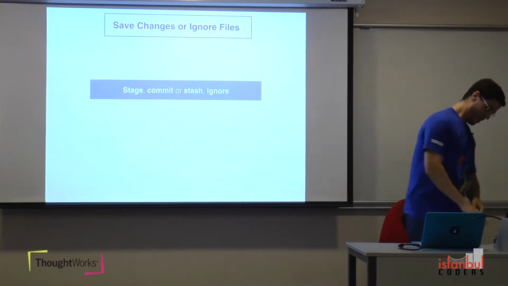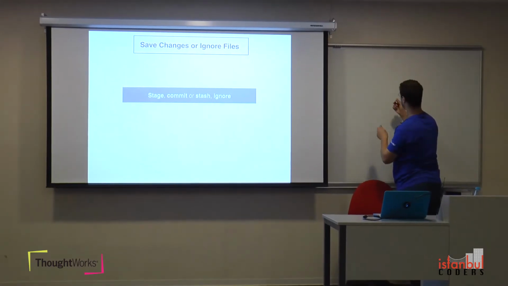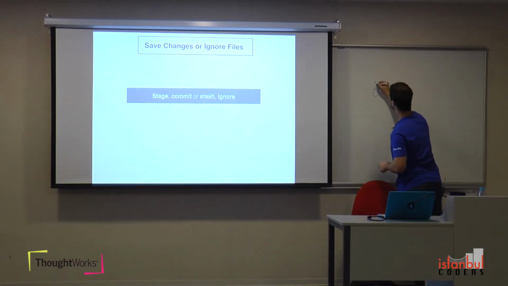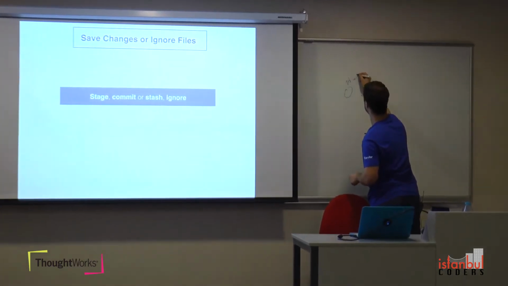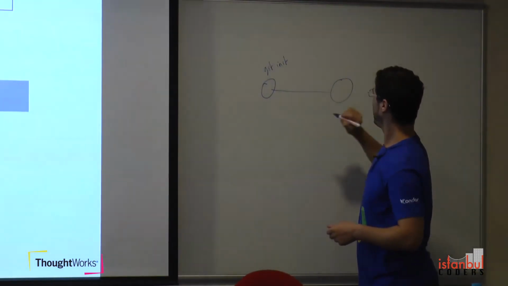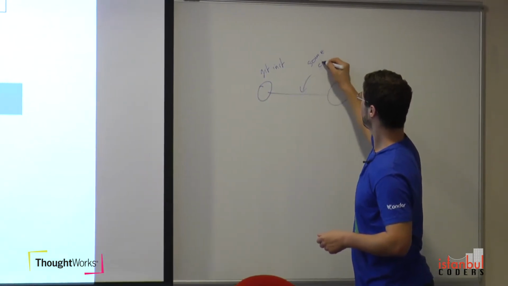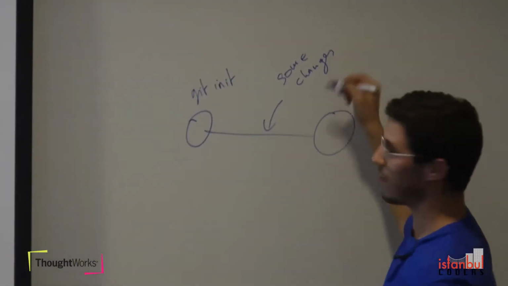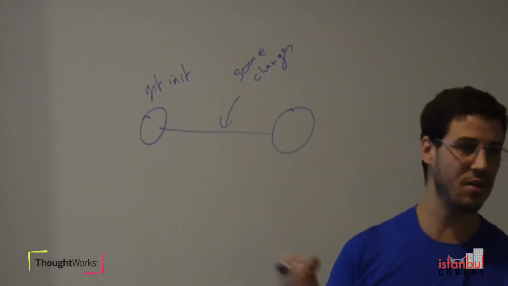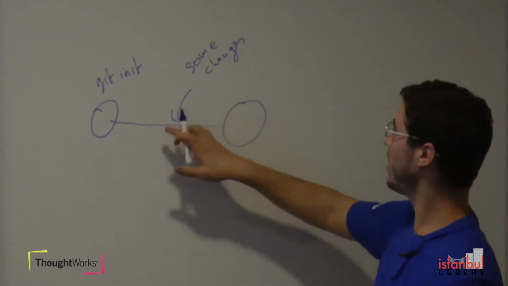Let's say, for example, I have this project. I have this git init. And let's say I added some changes, which means I added something or removed something, and I want to keep track of it, to save the current status.